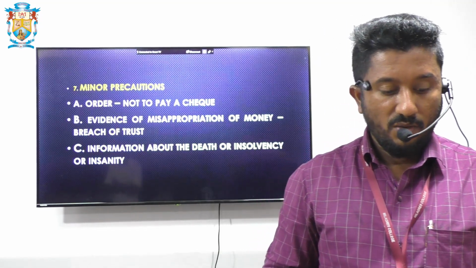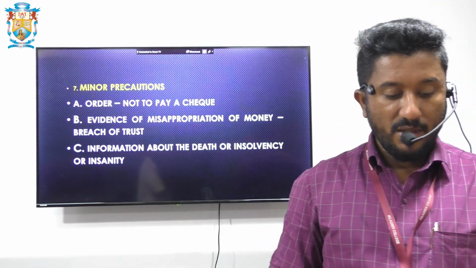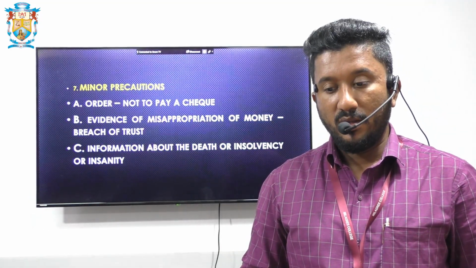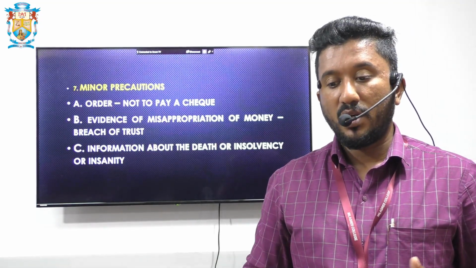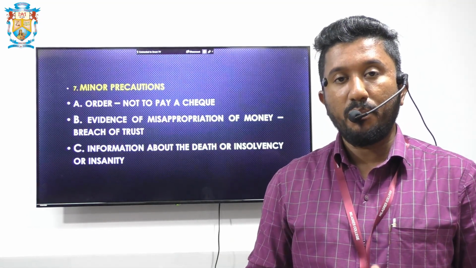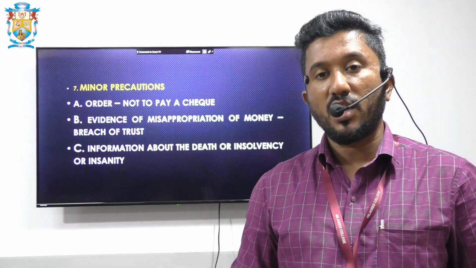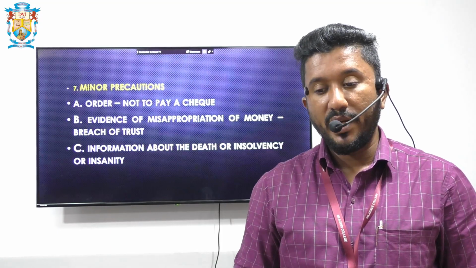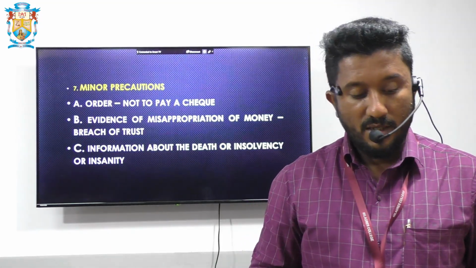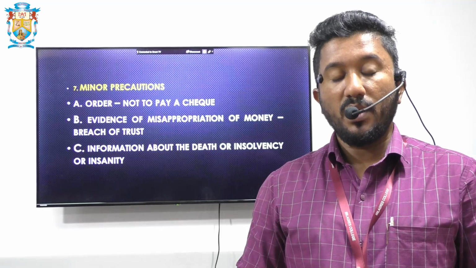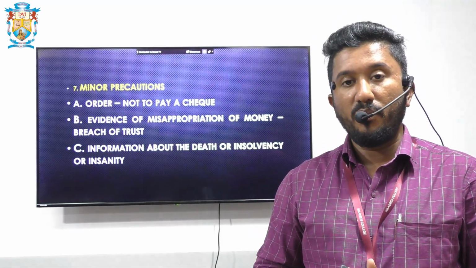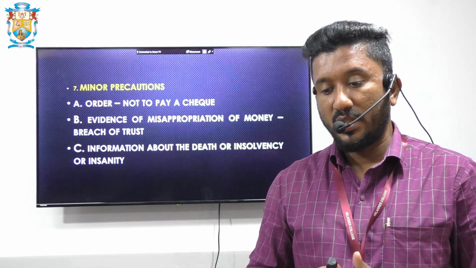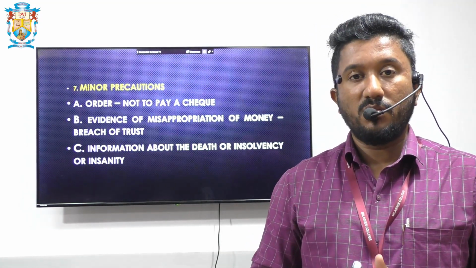Next, the banker must see whether there is any evidence of misappropriation of money, a kind of breach of trust. If this has happened, immediately the banker has to dishonor the check or stop payment on that account. They have to be very careful. Then the banker must see whether he has got any information about the death, insolvency or insanity of the customer.